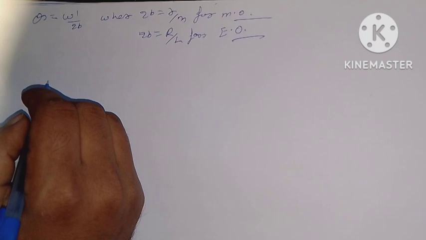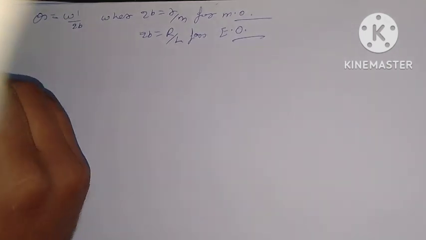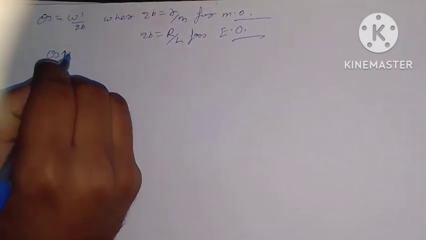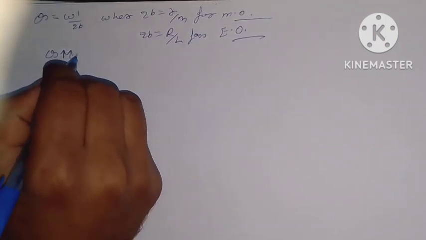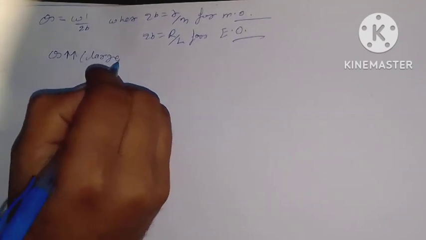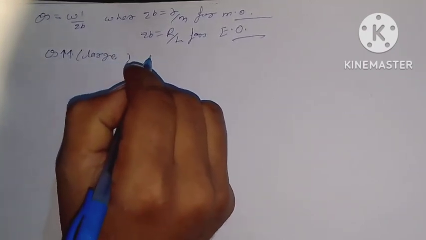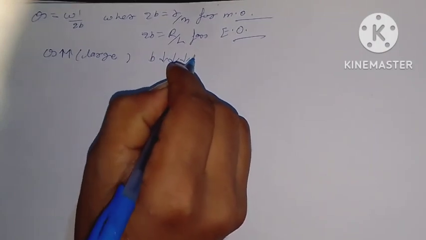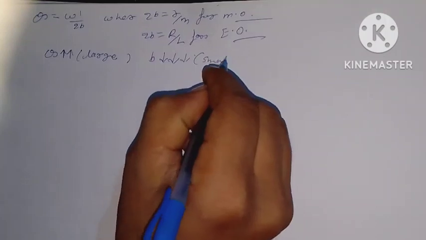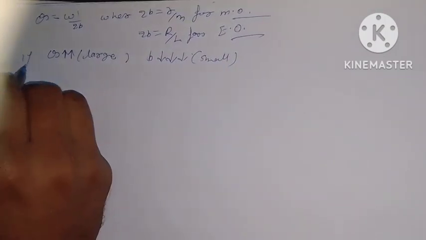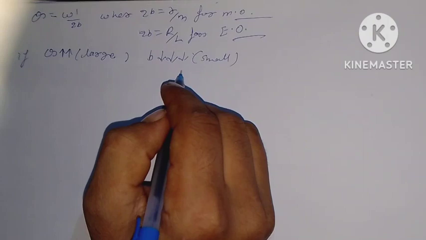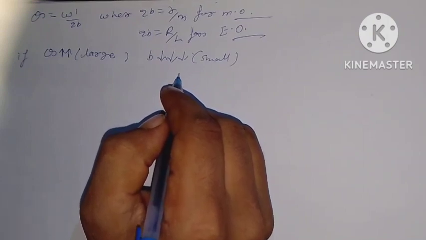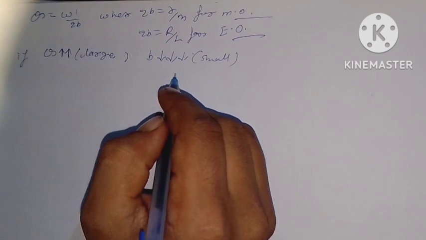The quality factor Q is large if the damping coefficient b is small. If Q is small, the damping coefficient b is large.